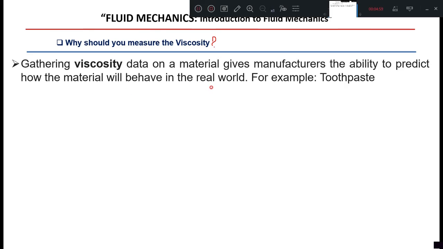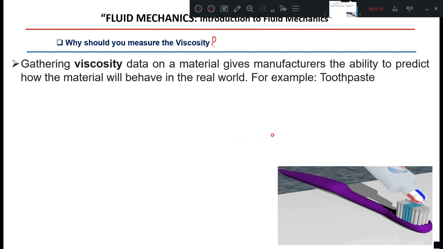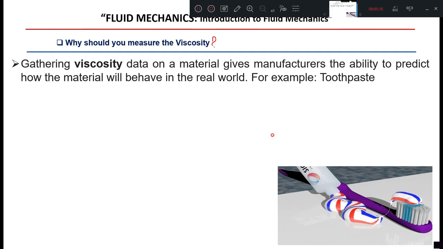For example, if you take toothpaste, look at this picture, if the toothpaste does not have the correct viscosity, it will either be too difficult to pump the paste out of the tube, or too much of it will be pumped out.